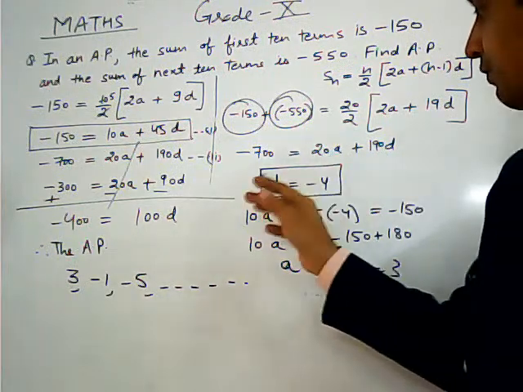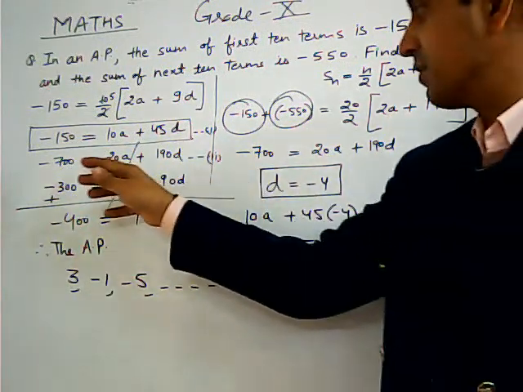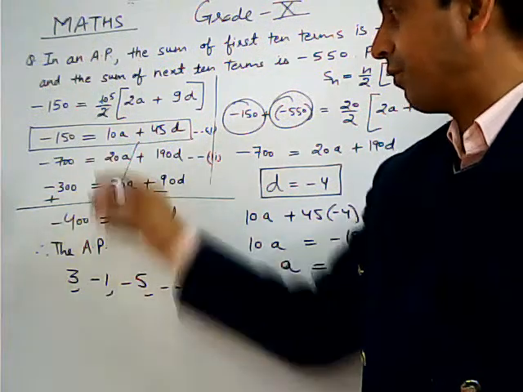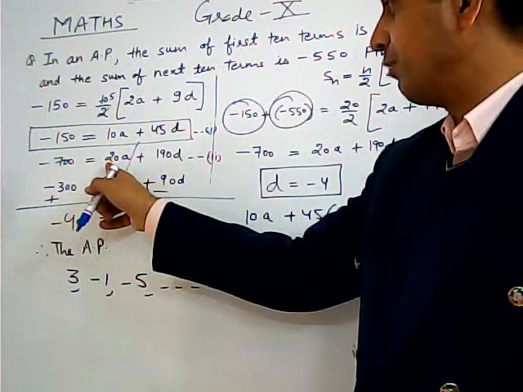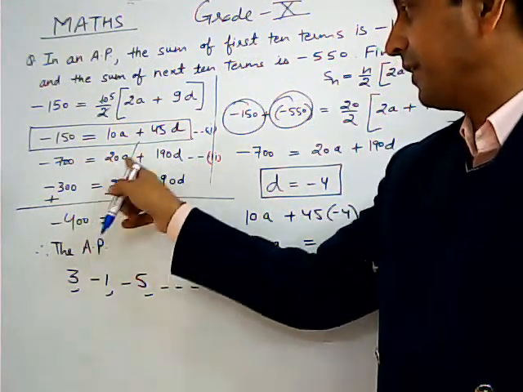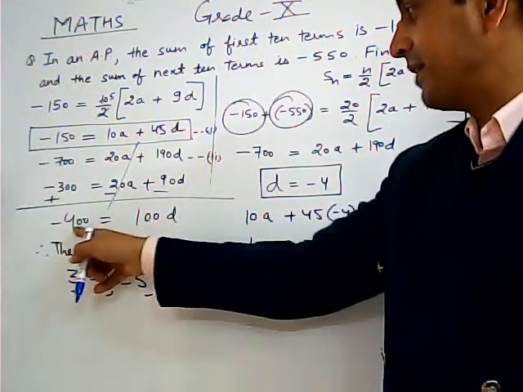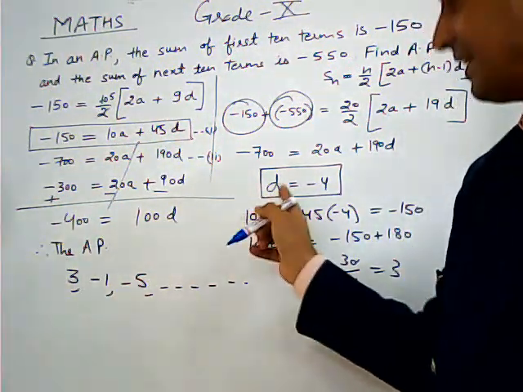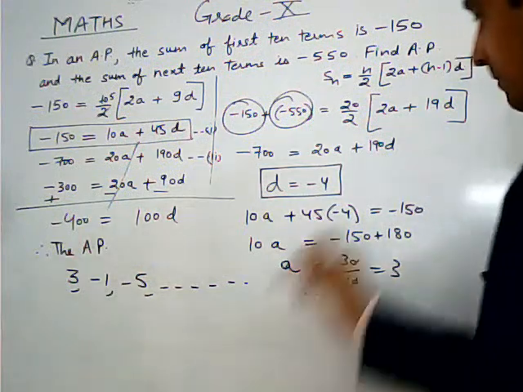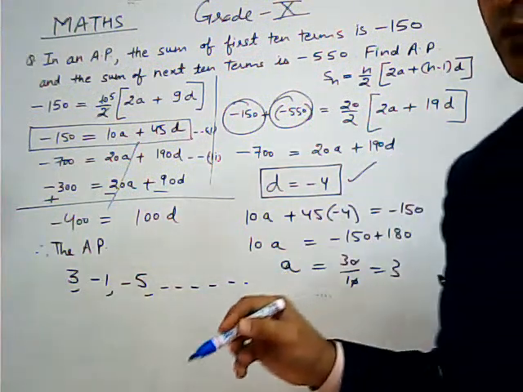Multiplying the first equation by 2 and eliminating 20a, we got minus 400 is equal to 100d, so the common difference is minus 4.